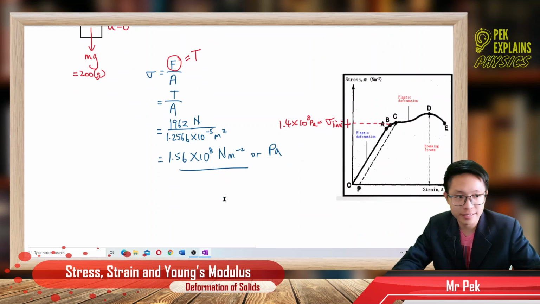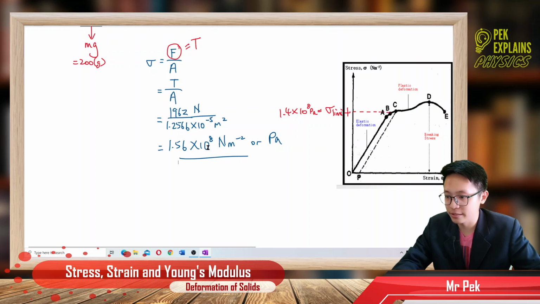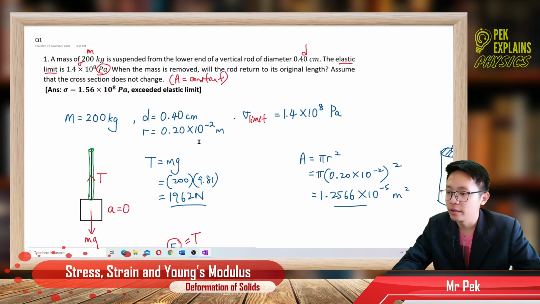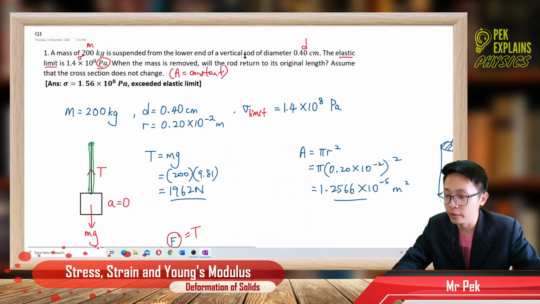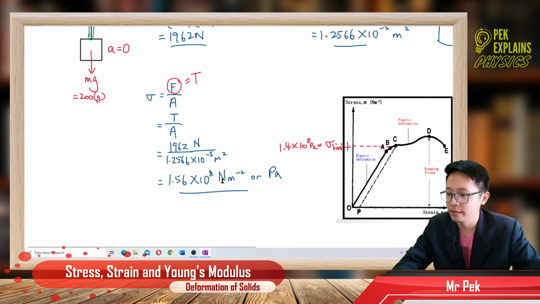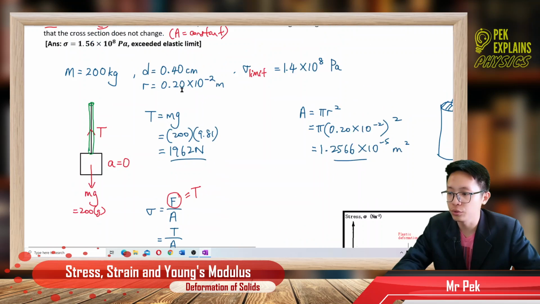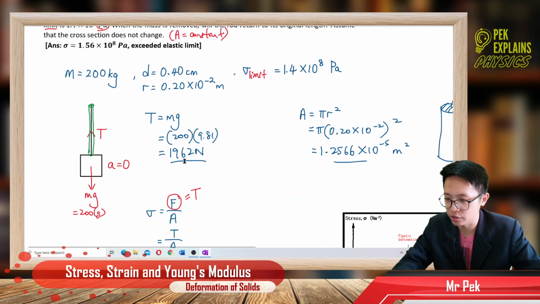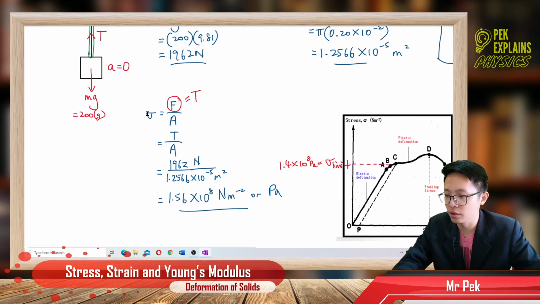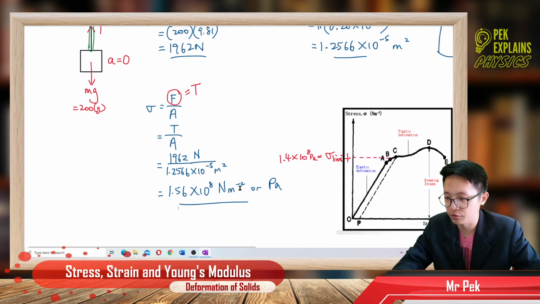This is the stress experienced by the vertical rod now, due to this tension. Because of this tension, the rod is under this amount of stress.